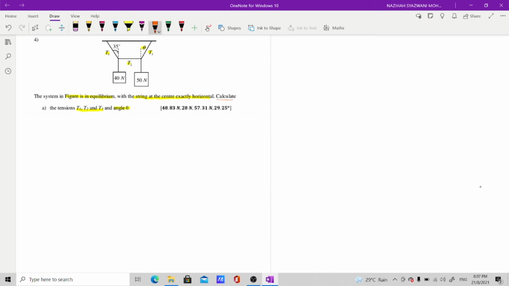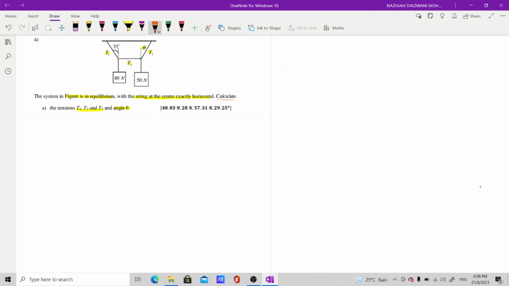Okay, so when you get this type of question, first it is important for you to draw a free body diagram of the object. So for this case, I am going to draw a free body diagram of the center part here and another one here, okay?